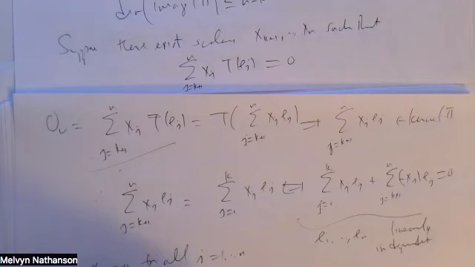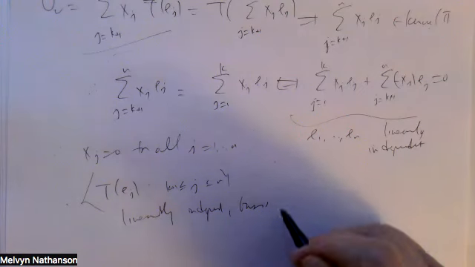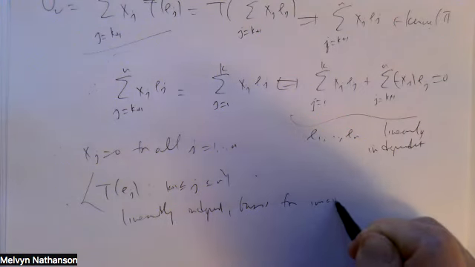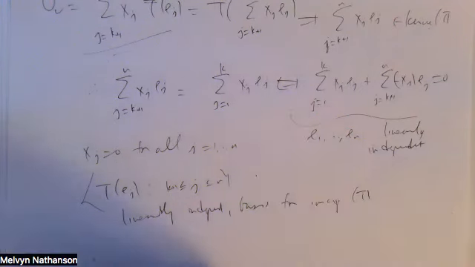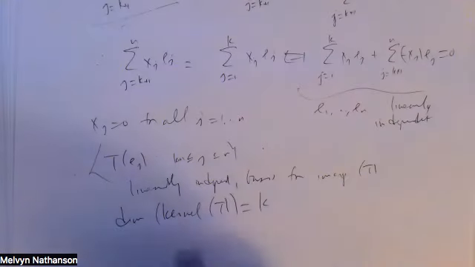So therefore, the set of vectors T of Ej, j from k plus 1 to n, is linearly independent. We know they span the image of T, so they're a basis for the image of T. So we have that the dimension of the kernel of T is k.